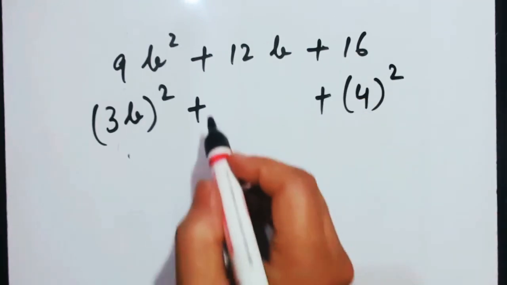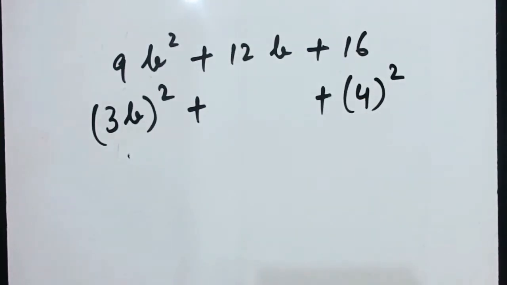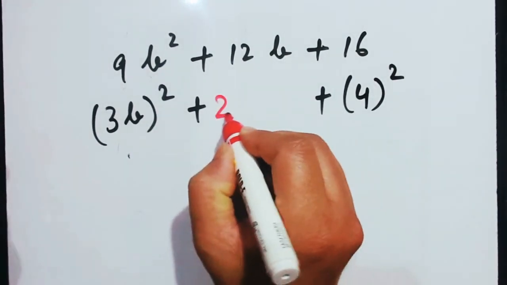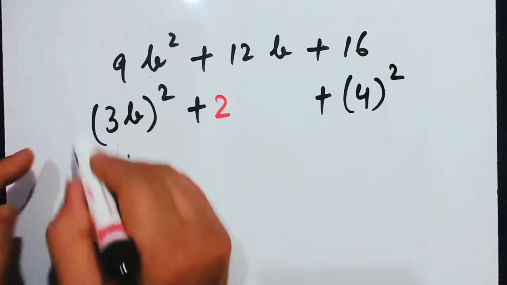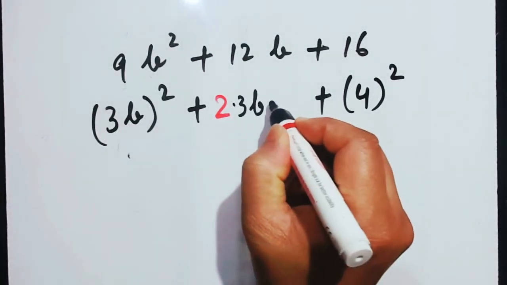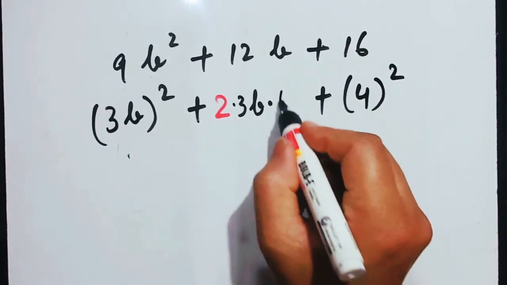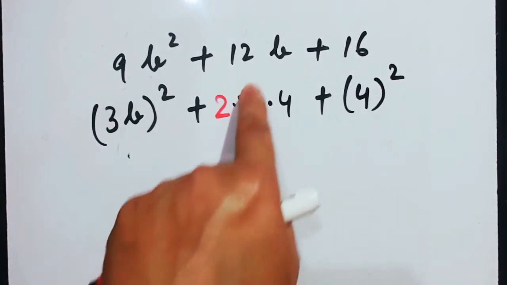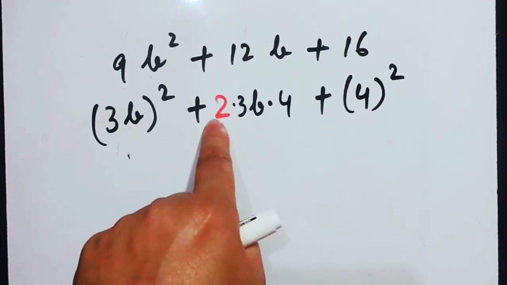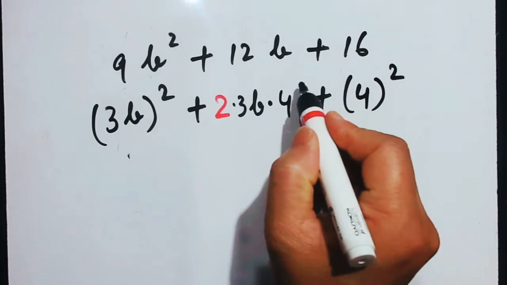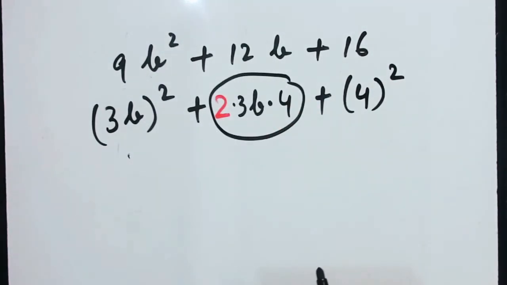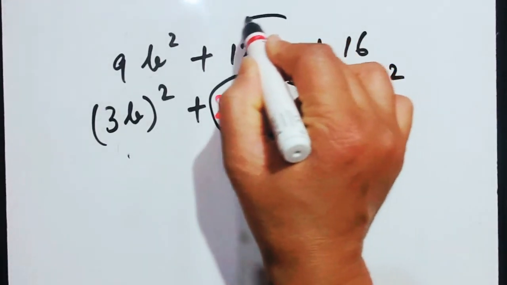Now in the middle the value should be 2ab, meaning 2 times 3b times 4. Let me see if this value is equal to this. So 4 3s are 12, 12 2s are 24. So I find that this particular value is not equal to this particular value.